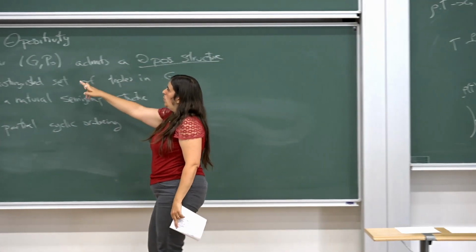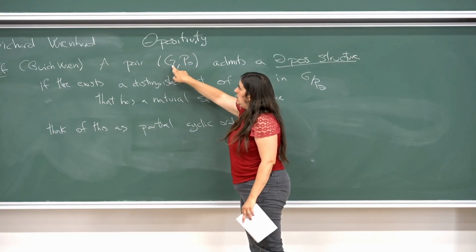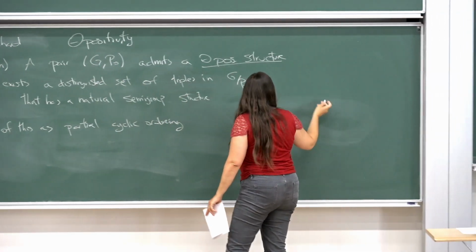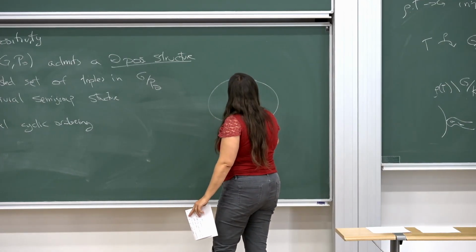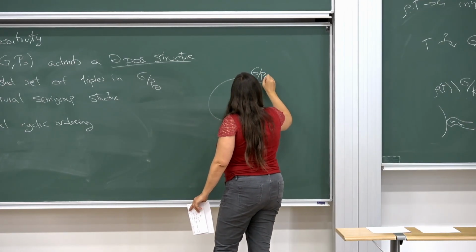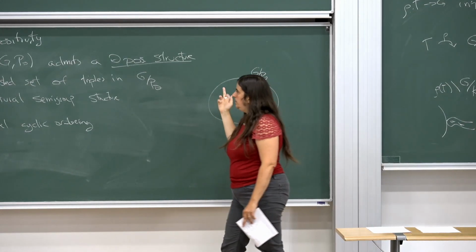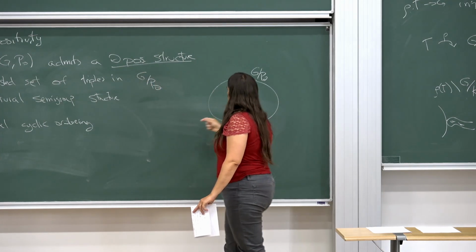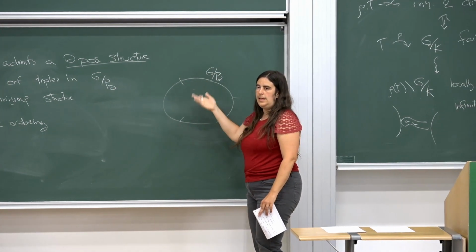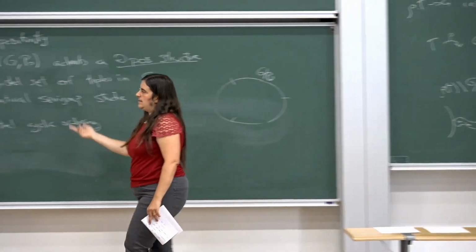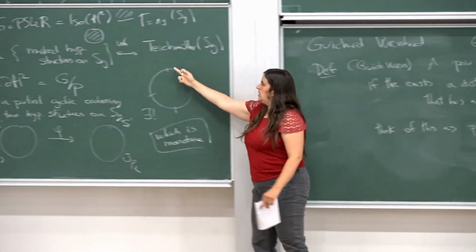And so I want to have a group G that admits a flag manifold, so you should really think of this G mod P theta as at infinity in the symmetric space. And I want to be able to say that some triples are positively oriented. And these triples behave as triples in the boundary of the circle.